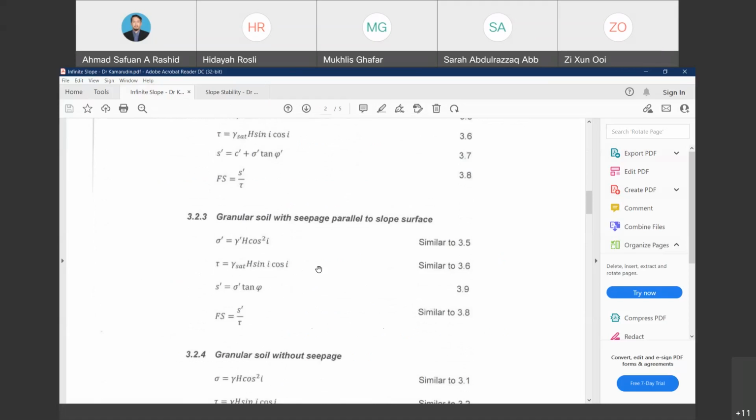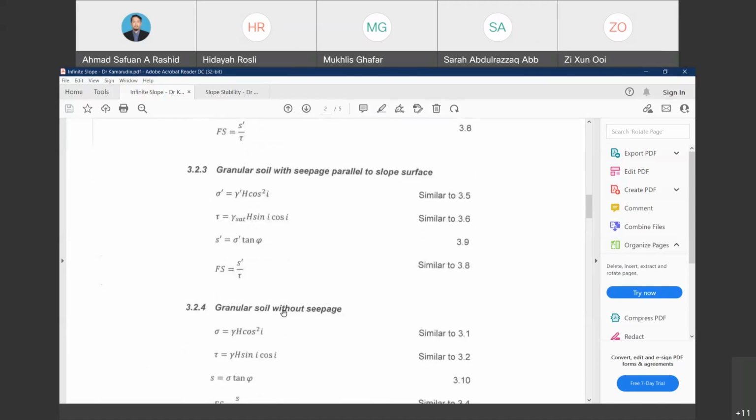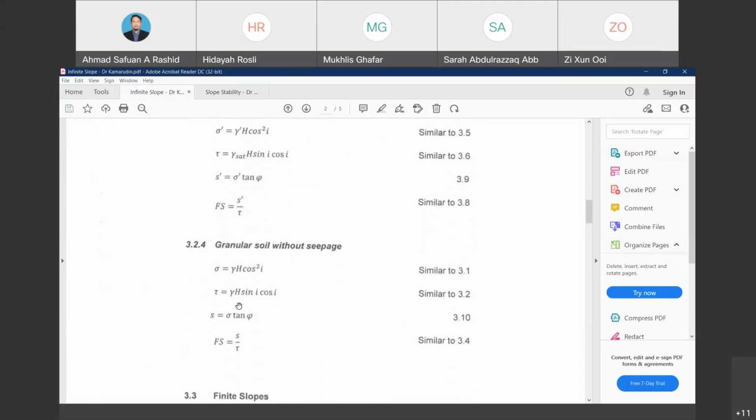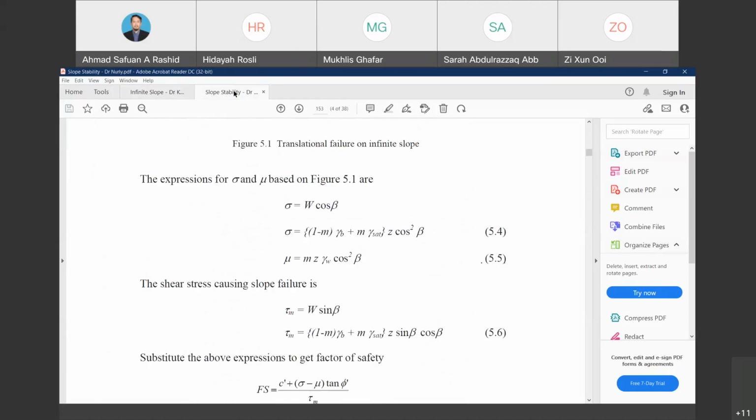For granular soil, it doesn't have any C value, so we use 3.9. Then granular soil with seepage, and without seepage, so there will be no saturated value.